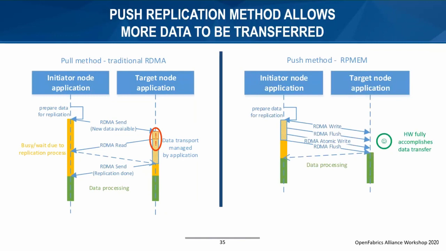So either with existing verbs or with new coming verbs that are under design process, it's possible to push data to the remote node without any CPU involvement in the target node. And as you can see, we could process much more data at the same time.